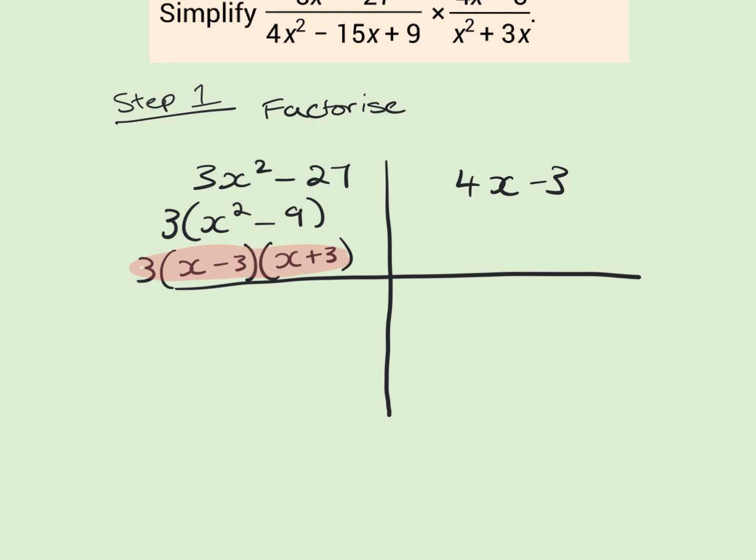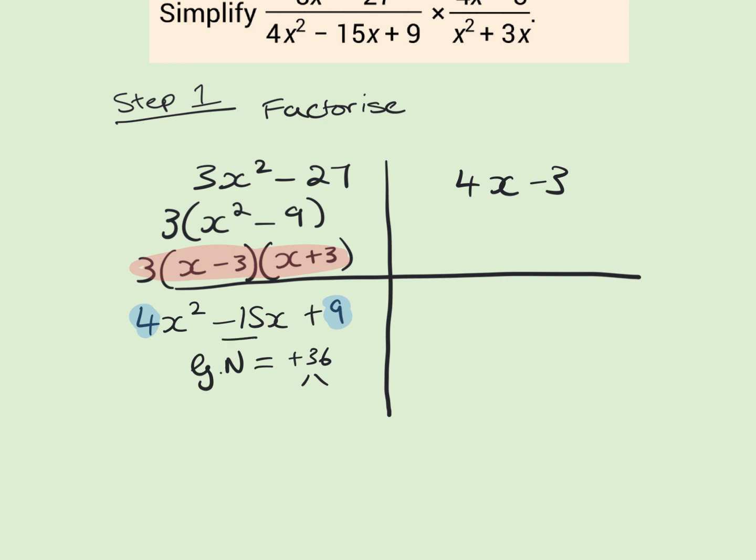If I then look at the bottom part, which is 4x squared minus 15x plus 9, well, I can use my guide number method to factorize this. So my guide number in this case, remember, is going to be 4 multiplied by 9. Then 9 by 4 is 36, so I get a plus 36 here, and I need to factorize that to get two numbers that give me this minus 15 here.